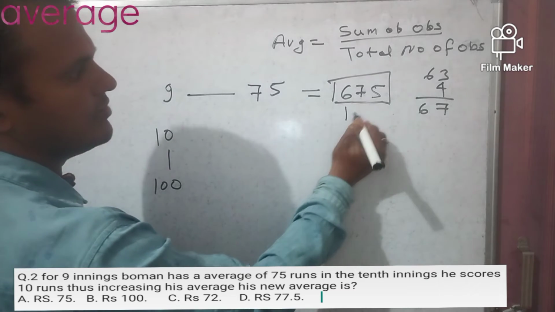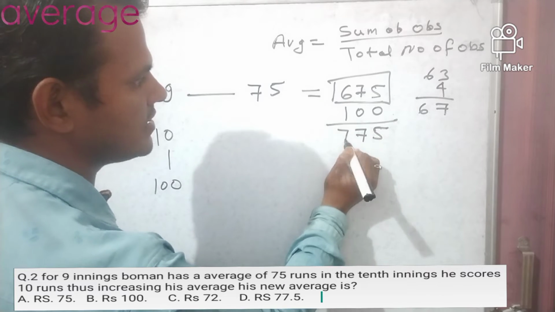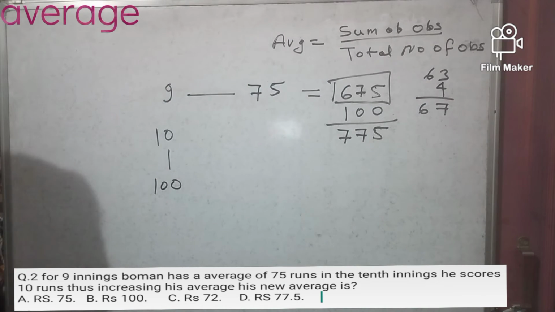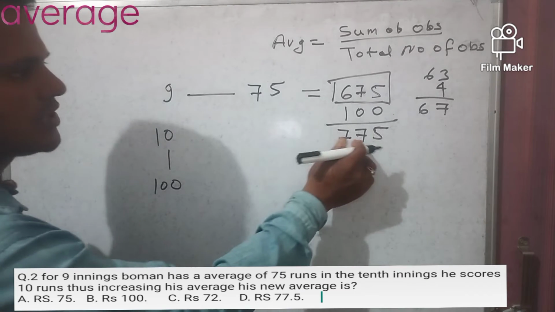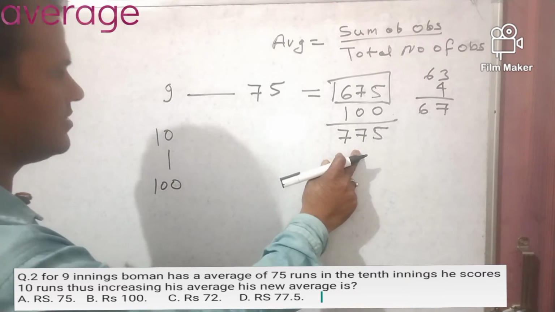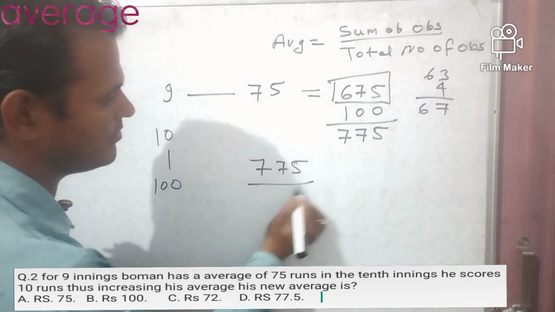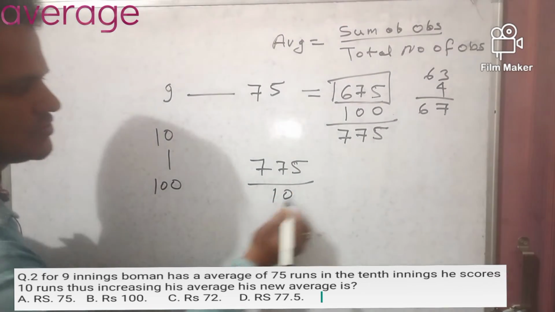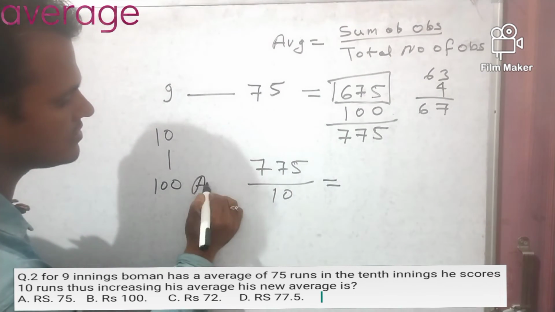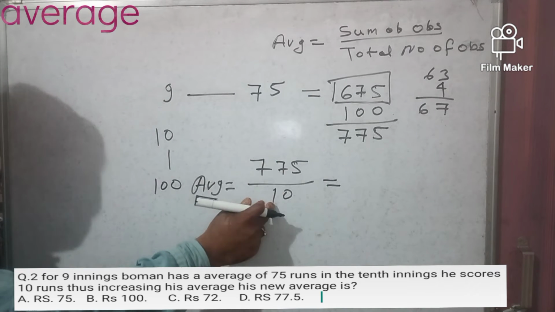So the total will be 775. Our target is to find his average. So average will be, for 10 innings, the total sum divided by the total number of observations. So 775 by 10. So average is equal to 775 by 10.